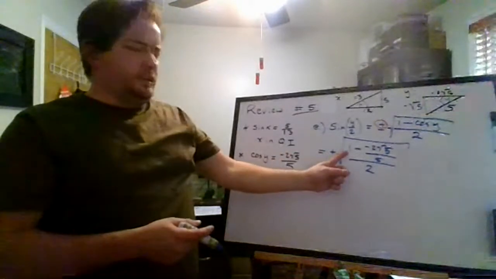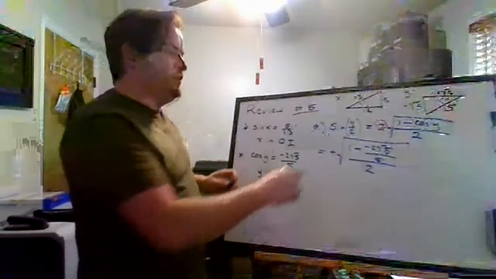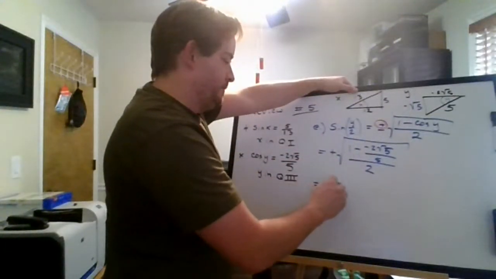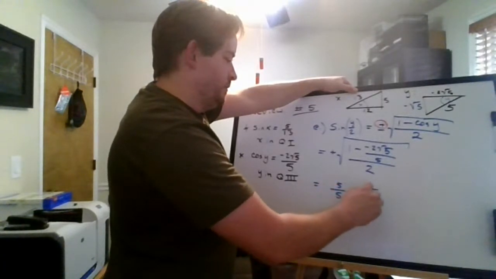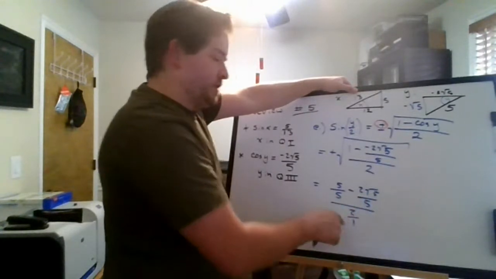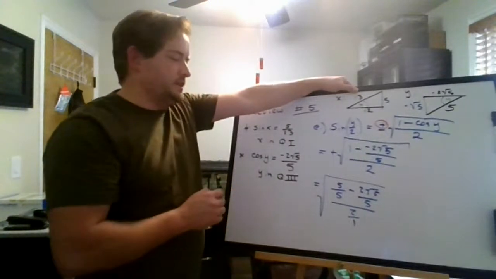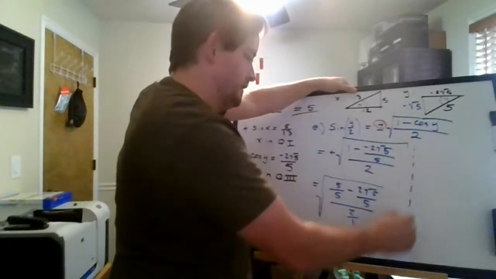But in order to combine the numerator, this 1 and the negative 2 root 5 over 5, this 1 I can just call 5 over 5. And I'm also going to call that 2 a 2 over 1. This whole monstrosity is under that square root. But I can combine the numerator here.